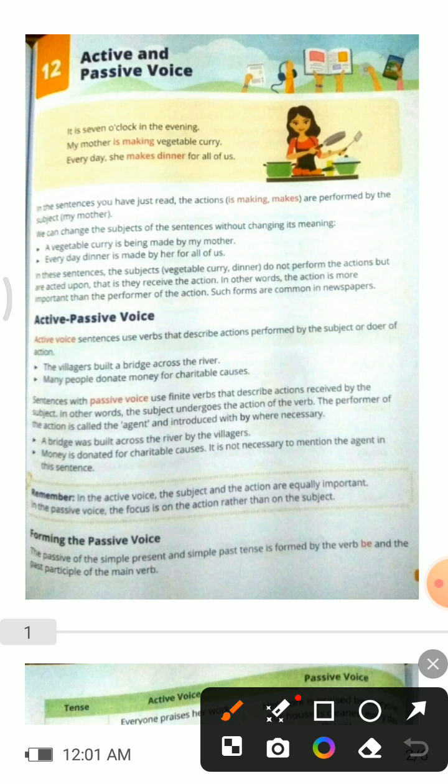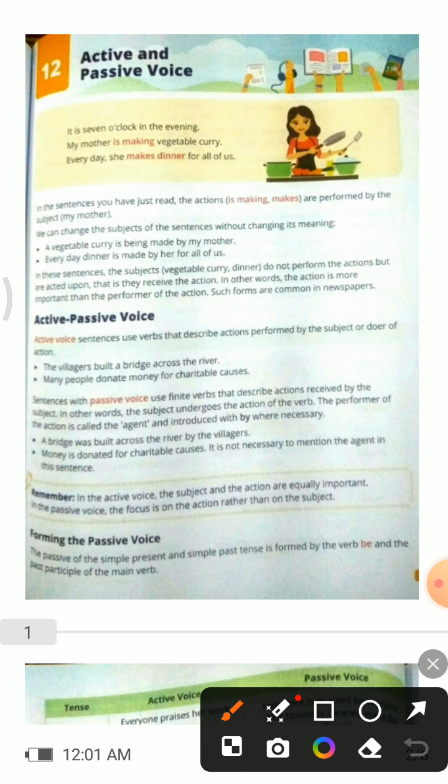So, this is what active and passive voice is all about. Today, what we have seen in a nutshell is a brief description of active voice. Active voice means some action is occurring directly, and the subject and the action both are written in the sentence.